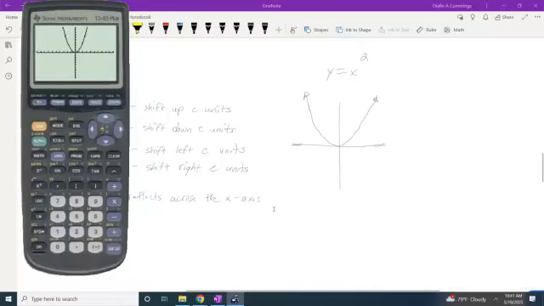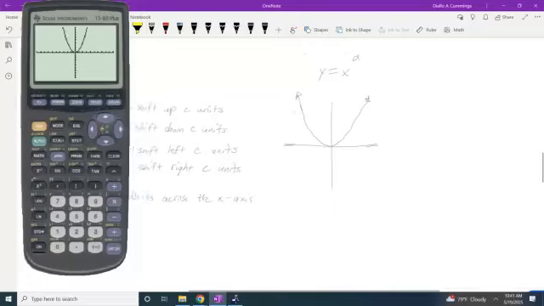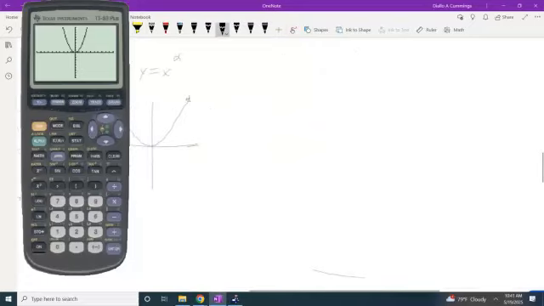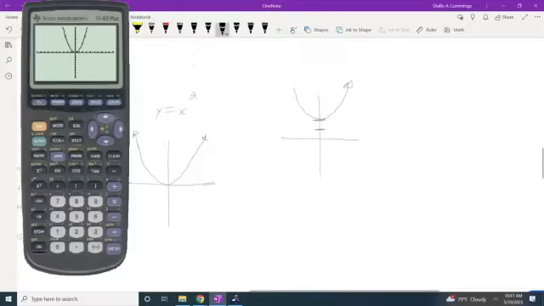So let's say we wanted to take y is equal to x squared, take that graph and shift it up two units.